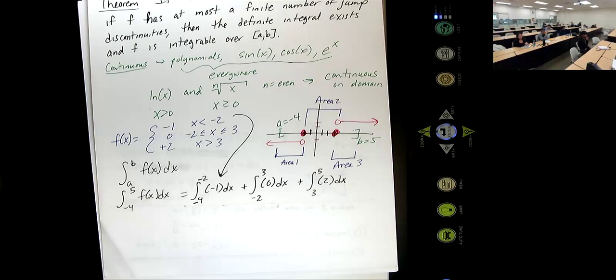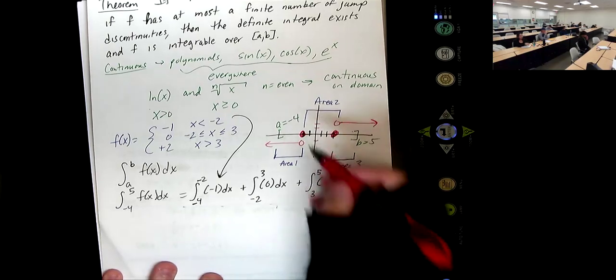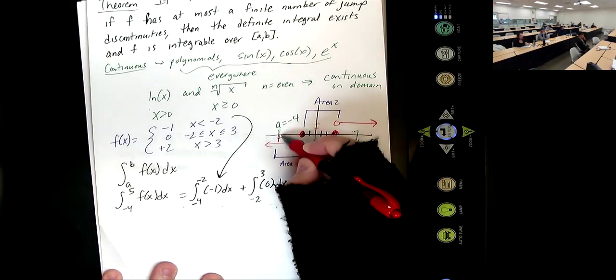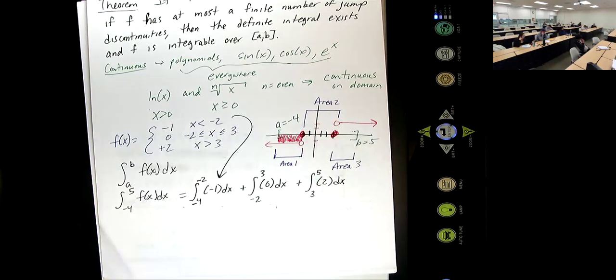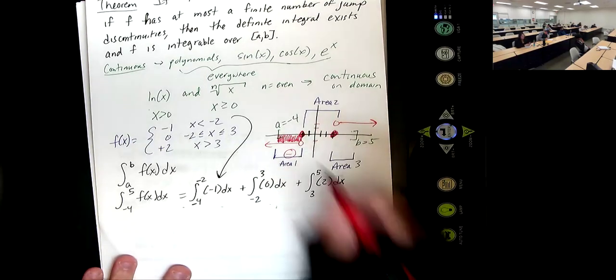Let's look at this geometrically, at what's going on first, before we dive into the next part. We're looking at this area right here, but f of x is negative there, so area 1 is gonna give us a negative value.